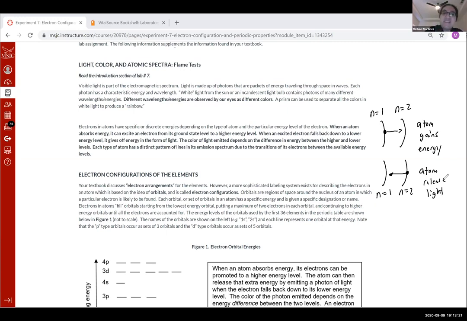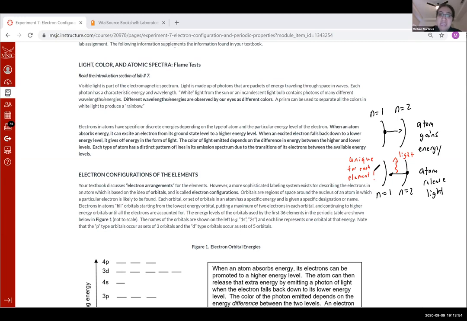And this light will have a unique color associated with it. We can observe the color of light emitted as our sample is heated, gains energy, and then its electrons relax back down to the ground state. And this color of light is unique for each element. Does that make sense to everyone?